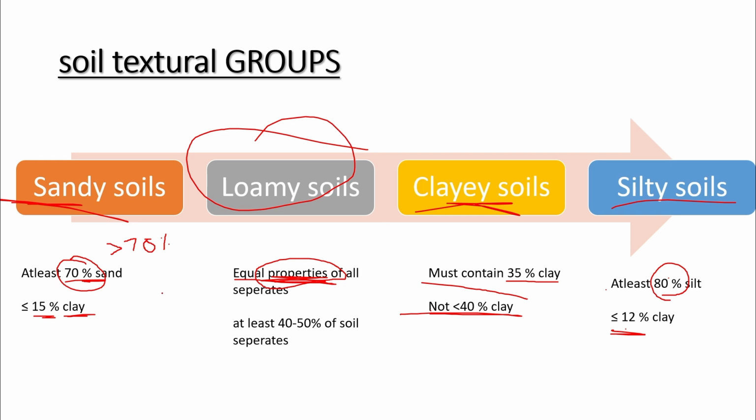So loamy soil contains equal properties of all the soil separates, sand, silt, and clay, with at least 40 to 50% of all soil separates. So just remember the percentages: sandy soil at least 70%, silty soil 80%, clay soil must contain 35% clay, while loamy soil contains equal properties of all separates.